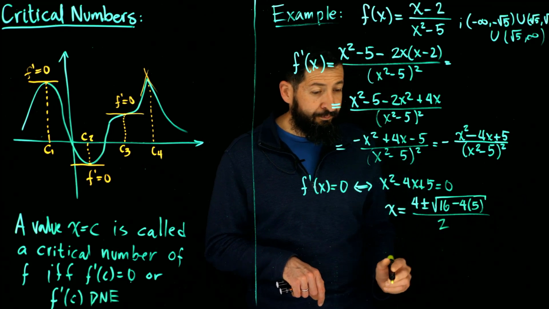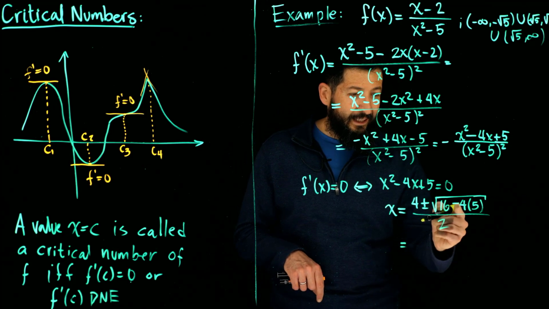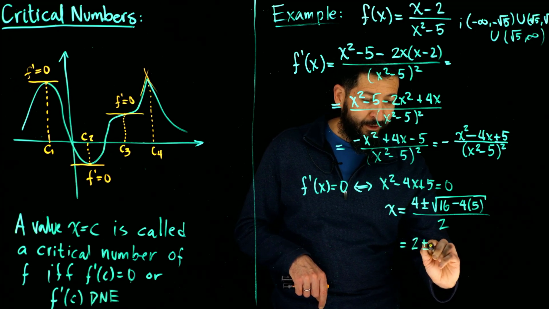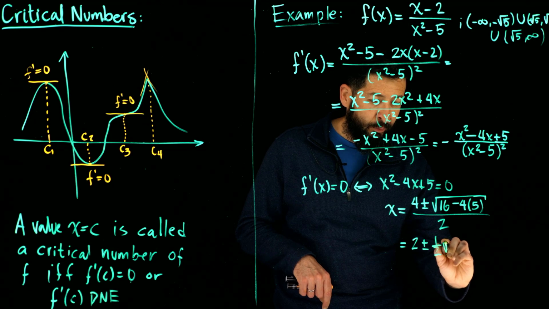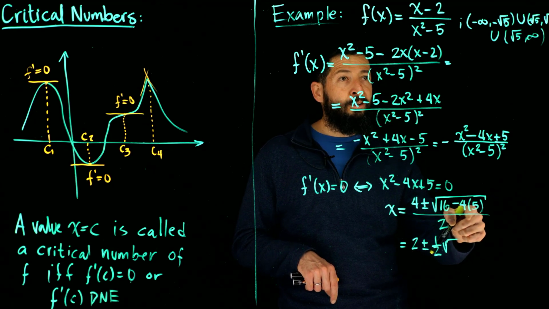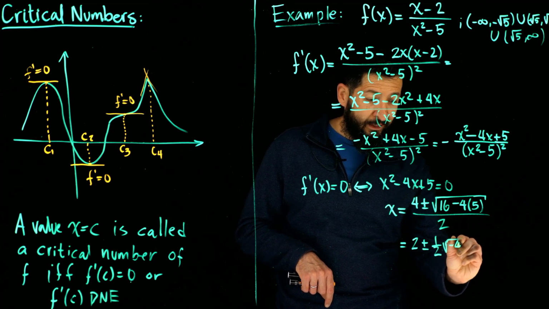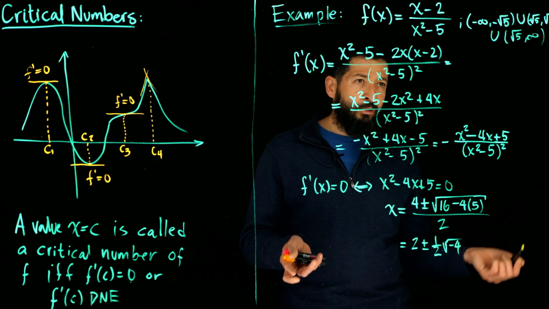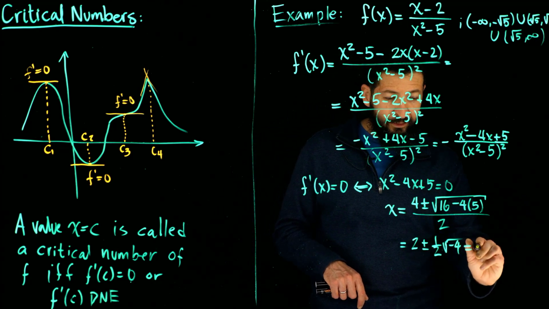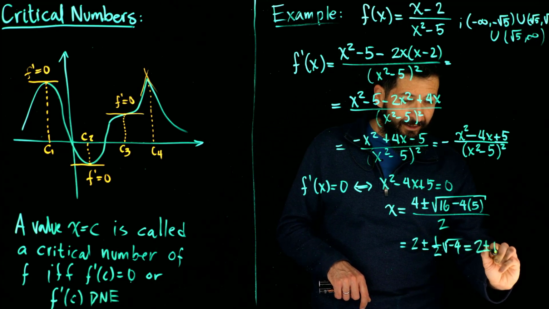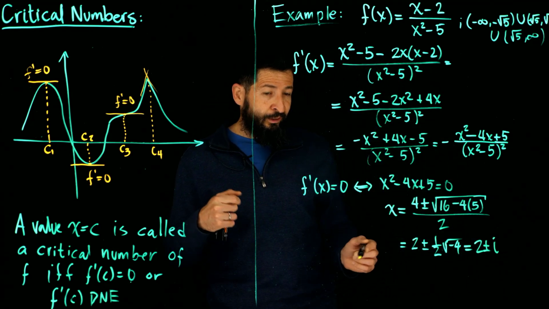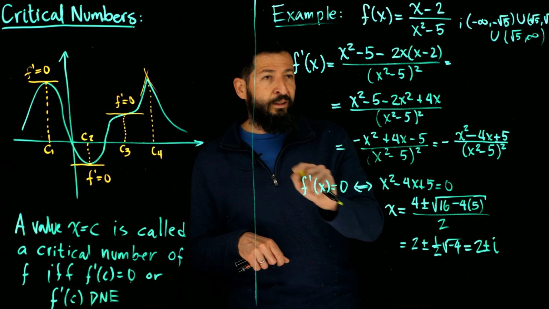Notice that we get a negative under the square root, so we get 2 plus or minus one half of the square root of 16 minus 20, which is negative 4. That gives us complex numbers, 2 plus or minus i. We're just looking for real roots, so that is not useful to us. So there are no critical numbers where the derivative is 0.